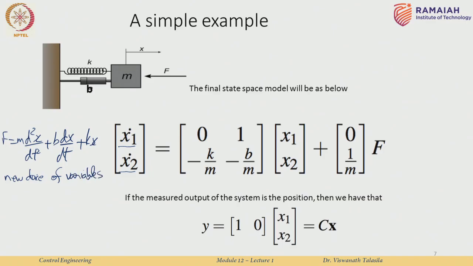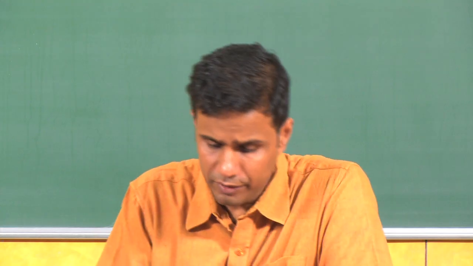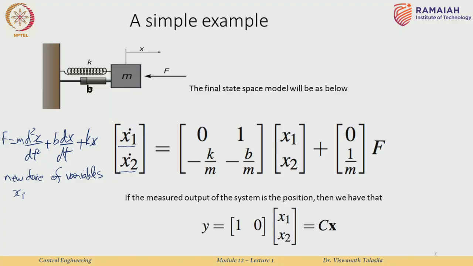Remember what I said, that because we have a second order differential equation, the number of states will be equal to 2. So, let us introduce two new variables. We will just call them x1 and x2, you can call them whichever you like, but x1 is a good choice. Specifically, I am going to assign x1 equal to x, which is the basic displacement, and x2 to be the derivative of the displacement, which is nothing but the velocity.